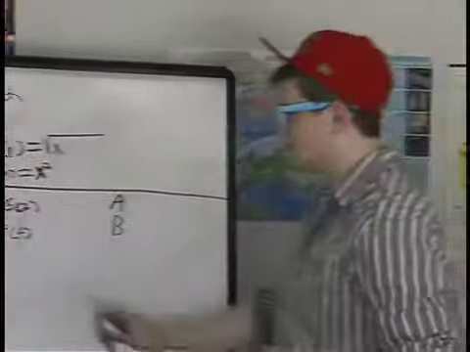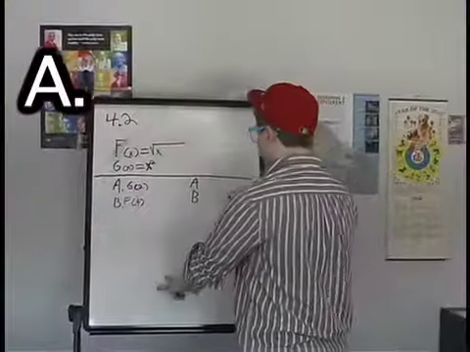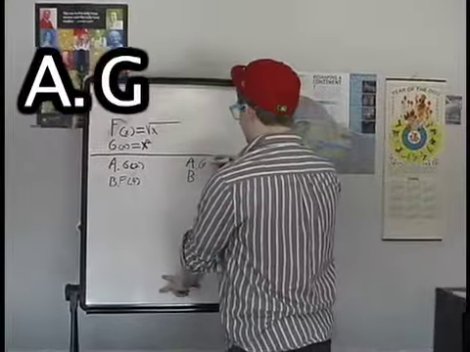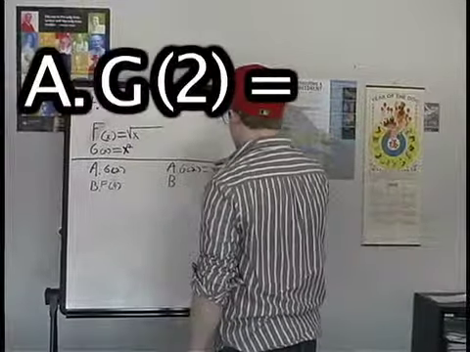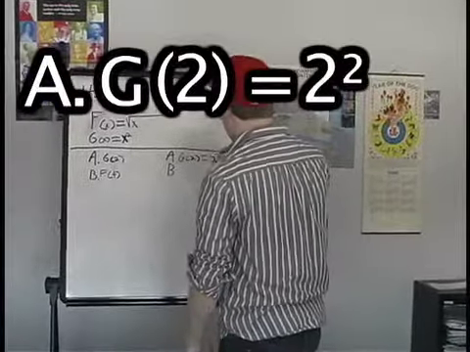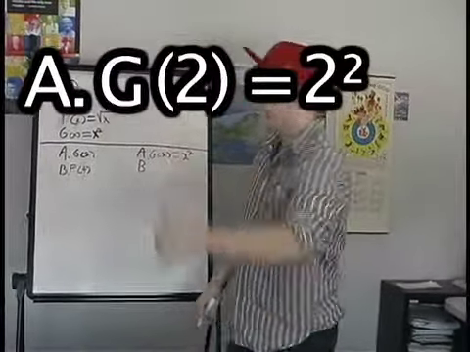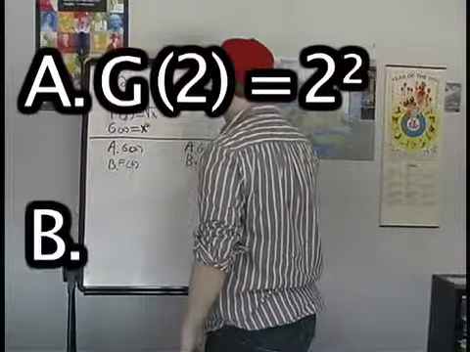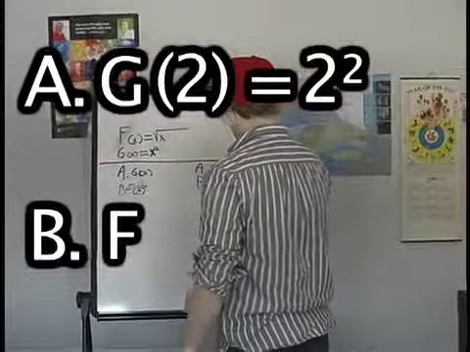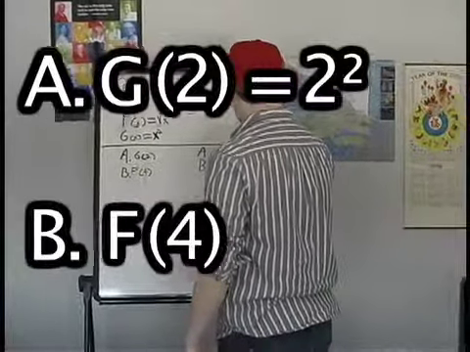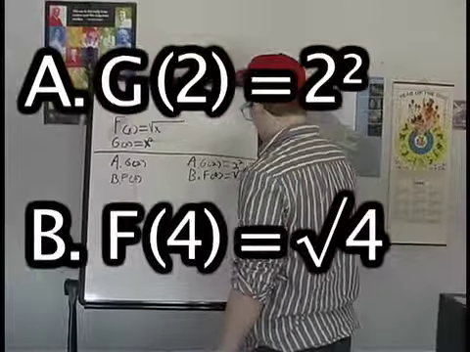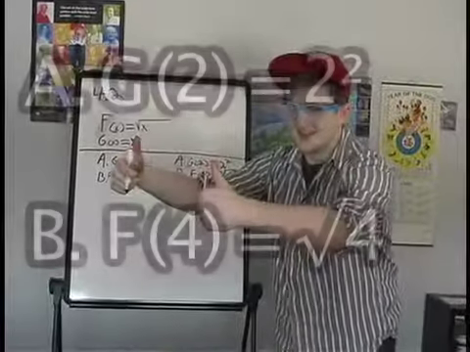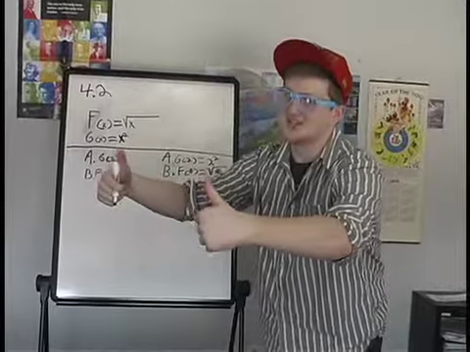So, the answer to a is g of 2 equals 2 squared. The answer to b is f of 4 equals the square root of 4. And that's function notation.